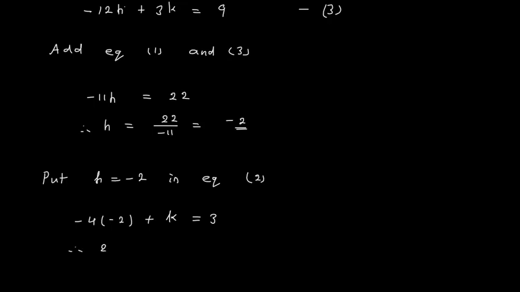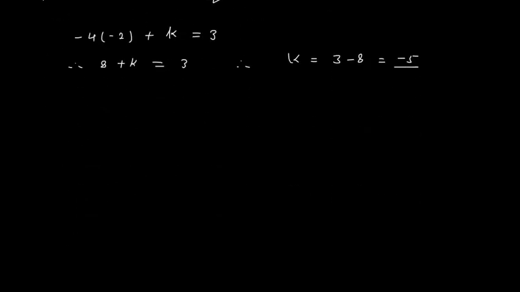Therefore k is equal to 3 minus 8, which is minus 5. So the coordinate of the center is (h, k): the value of h is minus 2 and the value of k is minus 5. This is the coordinate of the center, (minus 2, minus 5). Yes, simple.